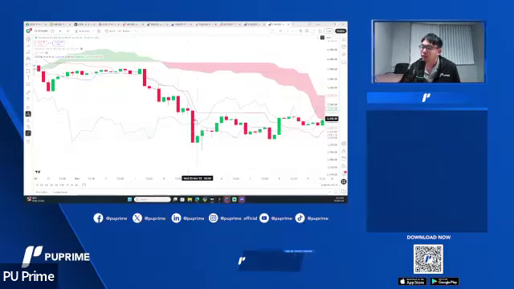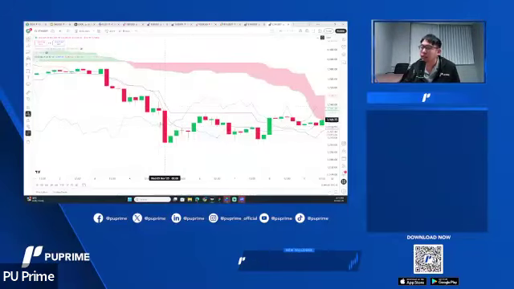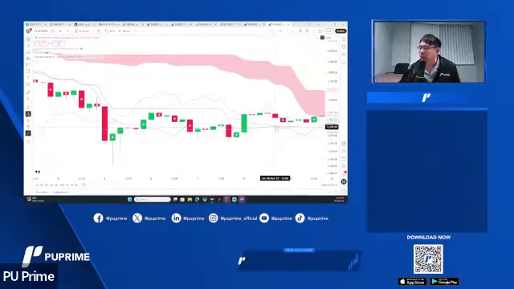Once the lagging line crosses above, then it might be a signal for you to TP. But if you want to wait until the baseline crosses again, then you can also TP here. That depends on you.